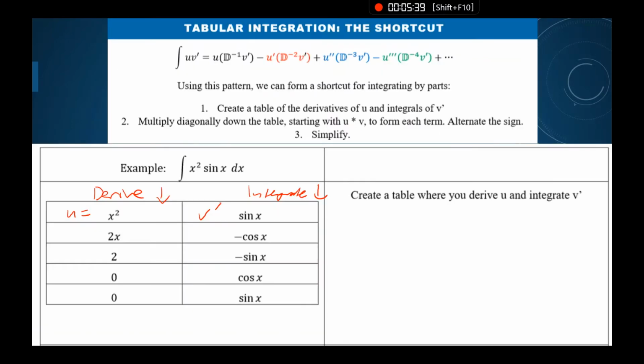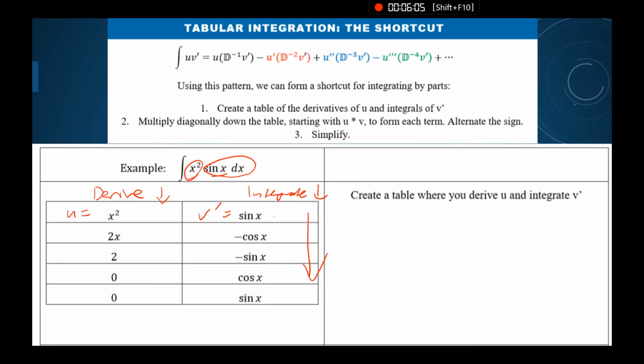So what that means is, if we wanted a shortcut, you can set up a table where you've got your u on one side and your v prime on the other. And then we can integrate. So I'm going to integrate this right side and derive this left side. So if I keep deriving, x squared's derivative is 2x. 2x's derivative is 2.